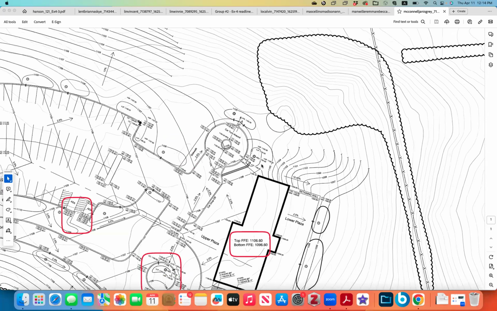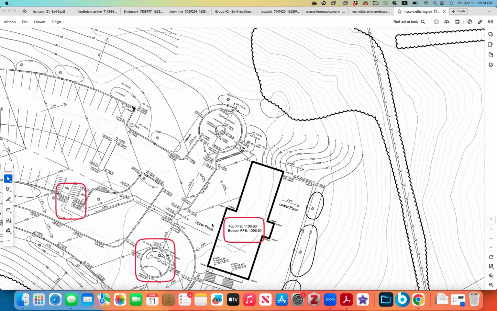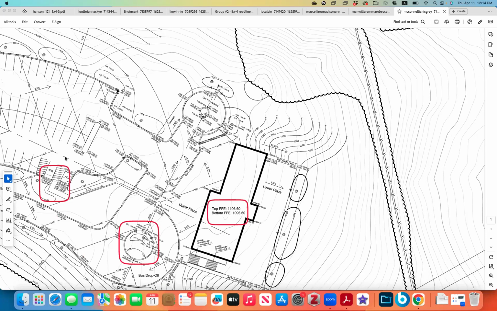This one seems okay. If I want to do it more thoroughly, I honestly would extend my trench drain, because this whole plaza is draining to my parking lot. I might just do this. Oh, you have a drop off. Okay, so then that's not good. You don't want people to stand on the trench drain.